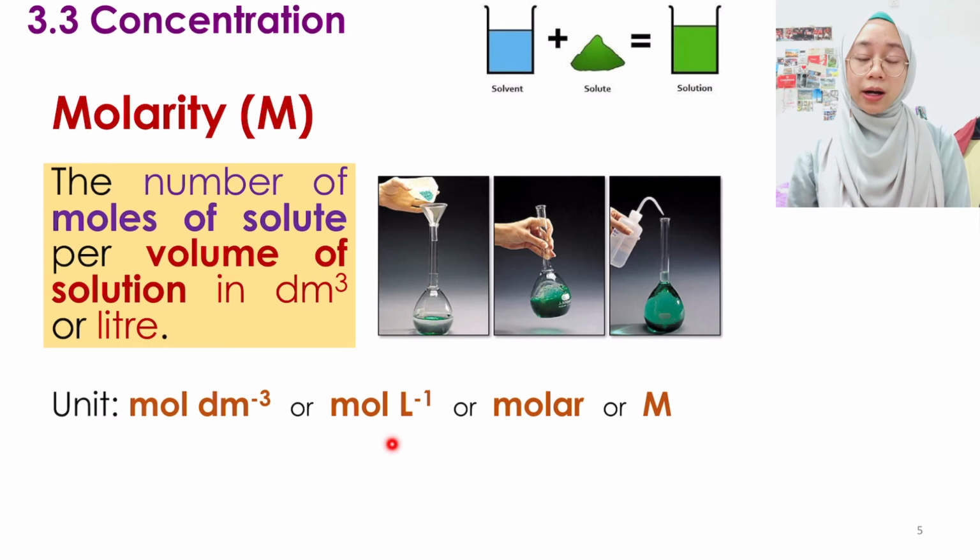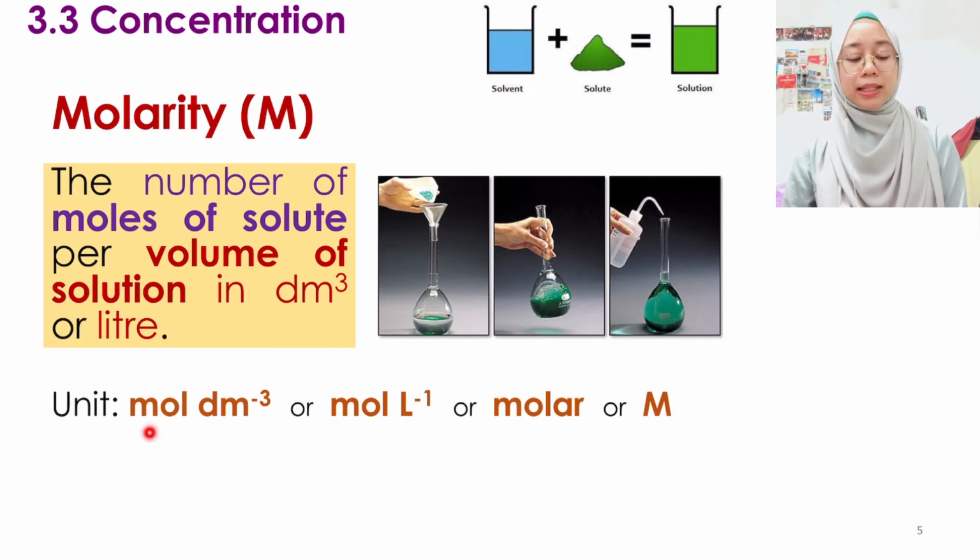But Miss nasihatkan kamu waktu awal-awal kamu tengah practice buat calculation ni, better guna mol per decimeter cube ataupun mol per liter, depends dengan soalan. Once you have gotten used to doing calculation on molarity, it's totally fine for you to use M besar ni. Kadang-kadang dalam soalan pun dia guna M besar je. Tapi Miss harap kamu faham yang M besar tu mewakili mol per decimeter cube ataupun mol per liter.